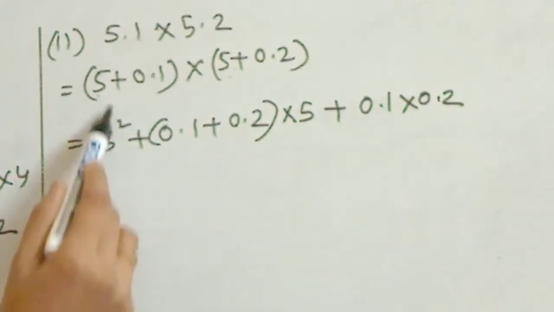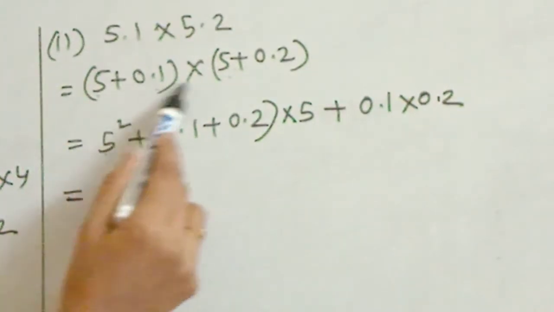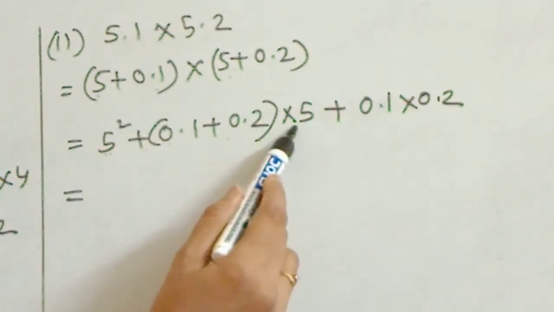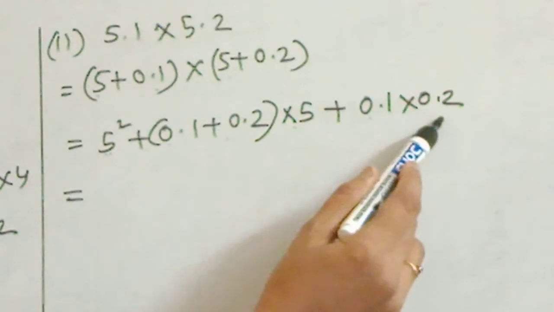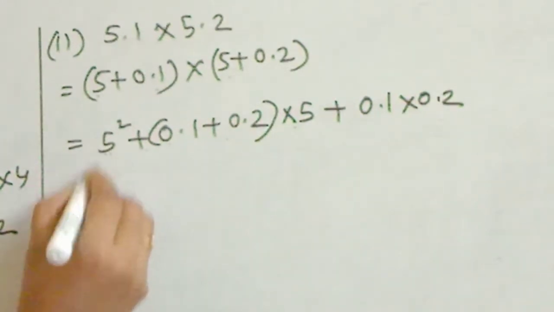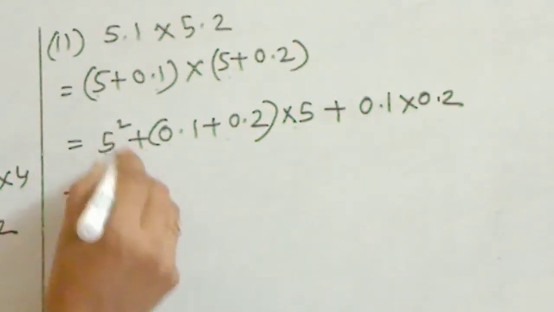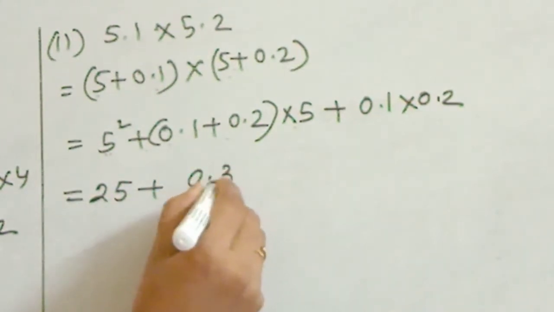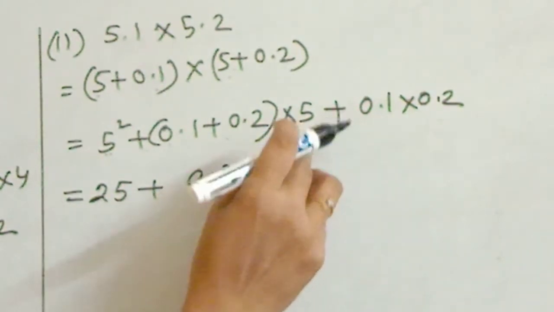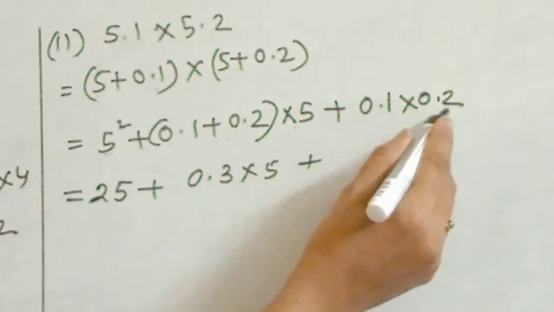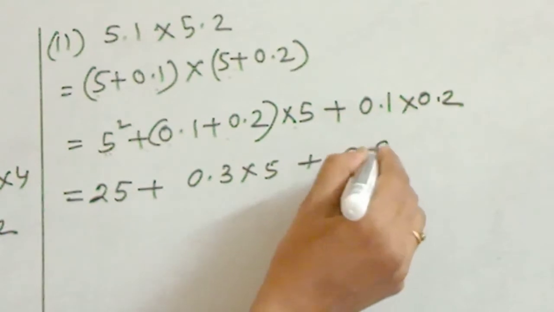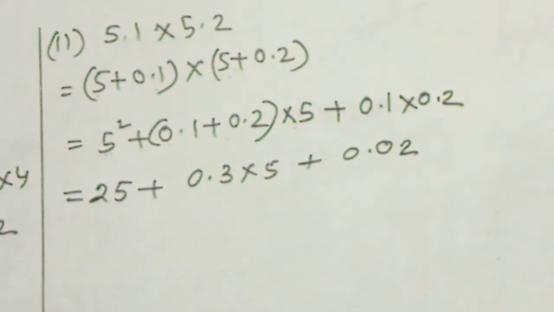So x square, that means 5 square, plus a plus b, 0.1 plus 0.2, into x, plus a into b. Now 5 square means 25, 0.1 plus 0.2 means 0.3 into 5, plus 0.1 into 0.2, which means 2 on the 2 places of decimal, so 0.02.